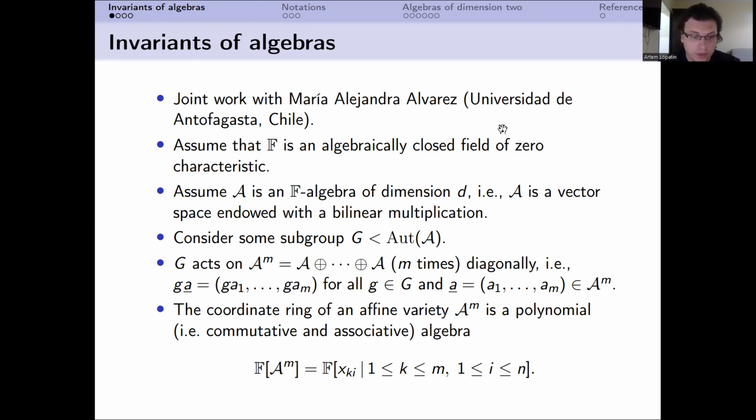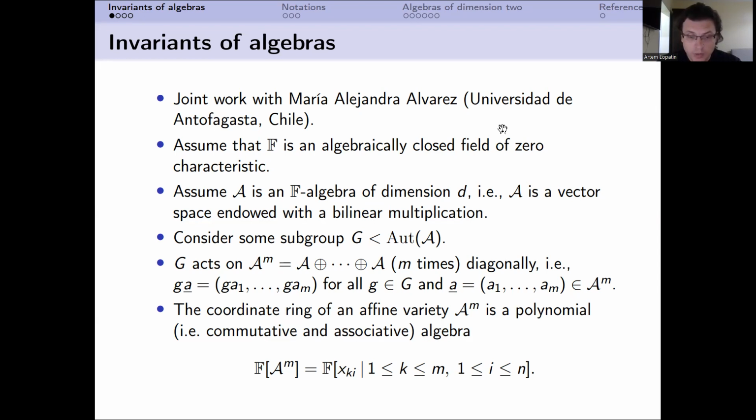We consider some polynomial functions defined on these vectors, and we would like to find invariant functions. Invariant means that they are invariant with respect to this action. All necessary definitions I will repeat a little bit later. Now it's just an introduction.